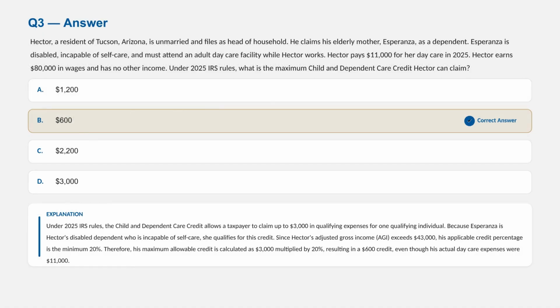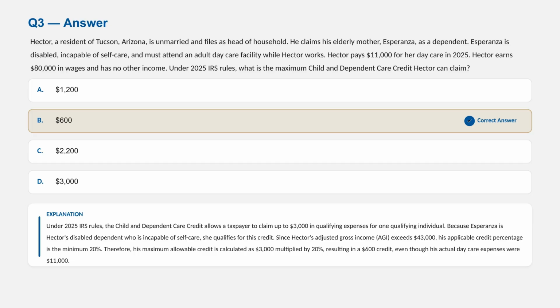The correct answer is B. $600. Under 2025 IRS rules, the Child and Dependent Care Credit allows a taxpayer to claim up to $3,000 in qualifying expenses for one qualifying individual. Because Esperanza is Hector's disabled dependent who is incapable of self care, she qualifies for this credit.